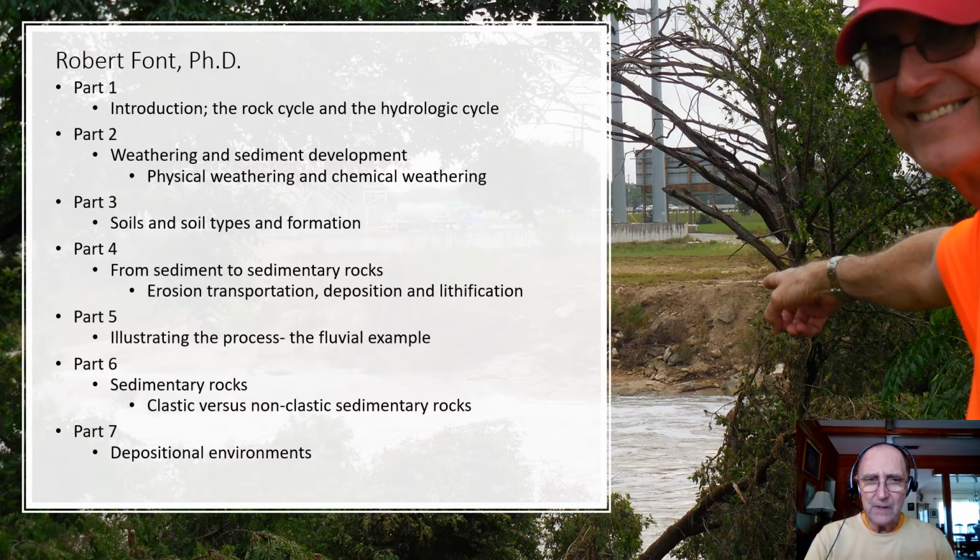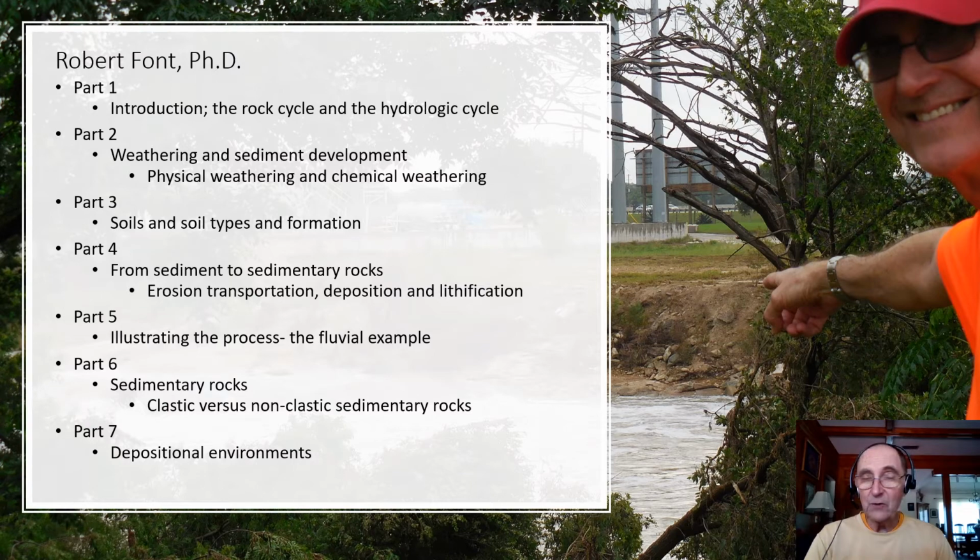Part four is the entire process from sediment creation to the creation of sedimentary rocks. It involves erosion, transportation, deposition, and lithification. That's just the fancy term that we use to signify that we're transforming sediment into sedimentary rock.